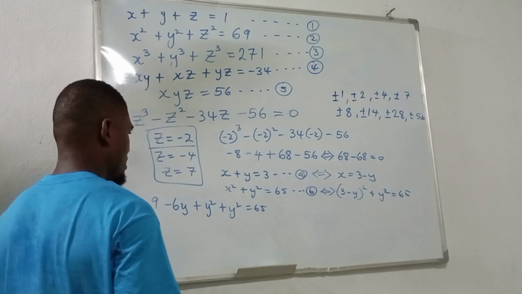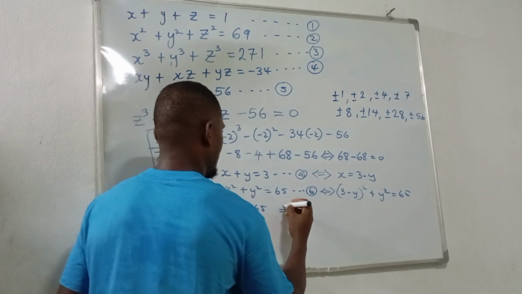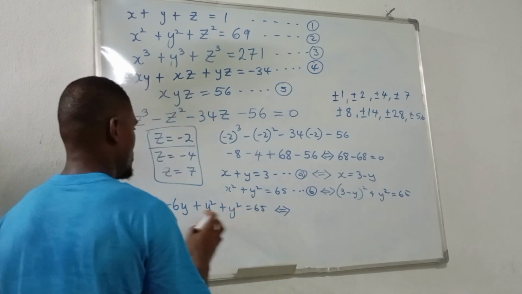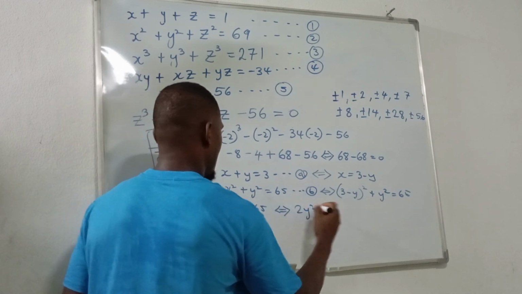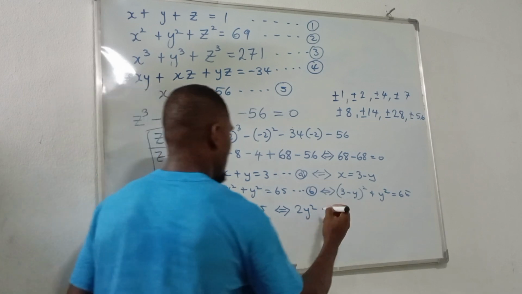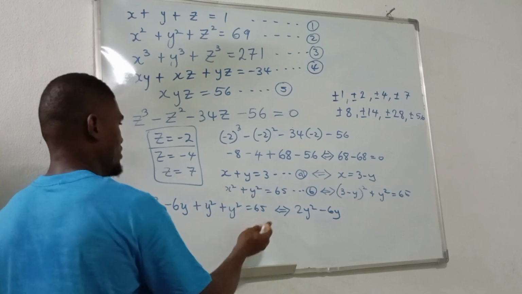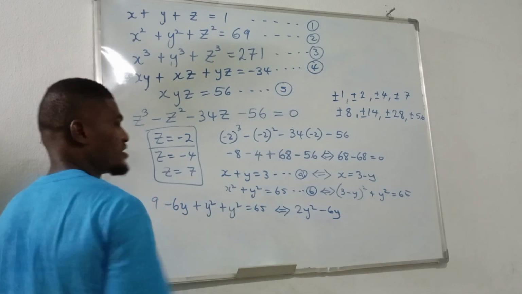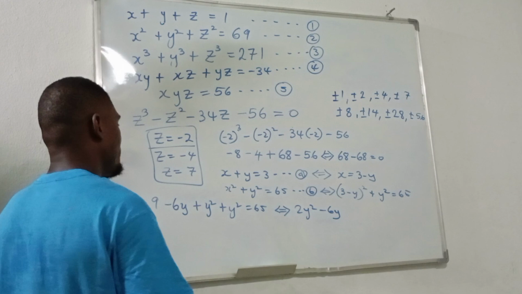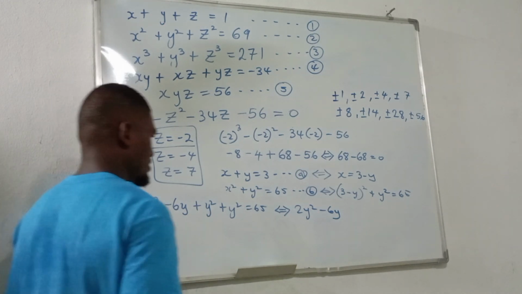Okay, now this is a quadratic equation, so this becomes 2y squared minus 6y, and then 65 comes over, that will become 9 minus 65. 9 minus 65 would be negative 56.